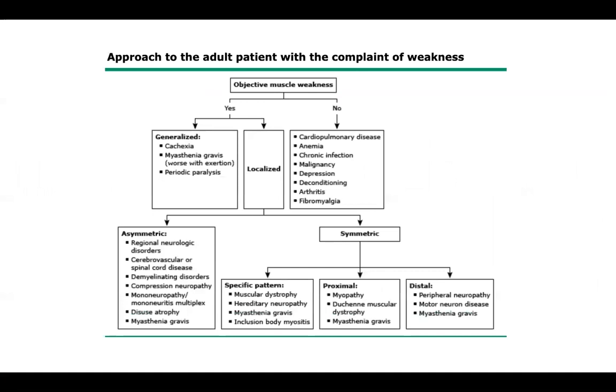And then this is another nice table, just a quick one for the earliest evaluation of your weakness, thinking about, do they have objective muscle weakness on exam? If no, then worry about other classes of disease. It doesn't mean you ignore them and say, oh, you're fine. Think about things like cardiopulmonary disease, anemia, infection, malignancy, depression, deconditioning, fibromyalgia, which are all still real medical conditions.